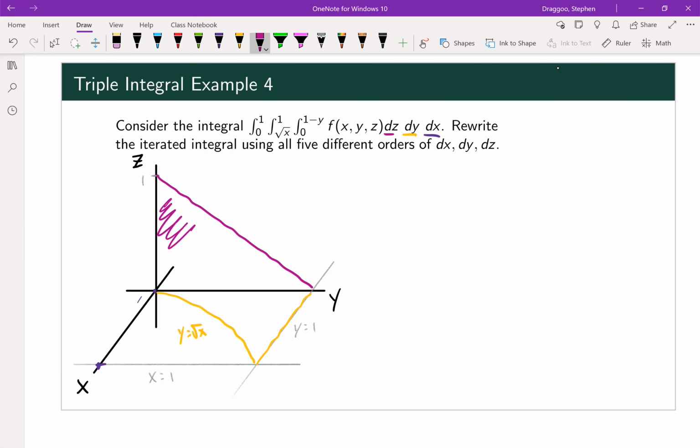So we've got this shape right here is our backdrop. I've got this shape here is our floor. And I want to just connect these pieces together, which I suppose I'll do with a red line. And it should kind of follow that square root of x equation, but be in the plane z equals 1 minus y.